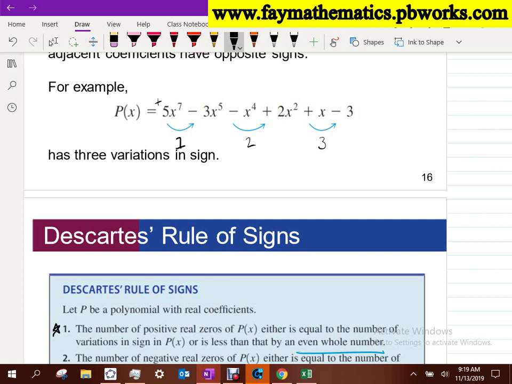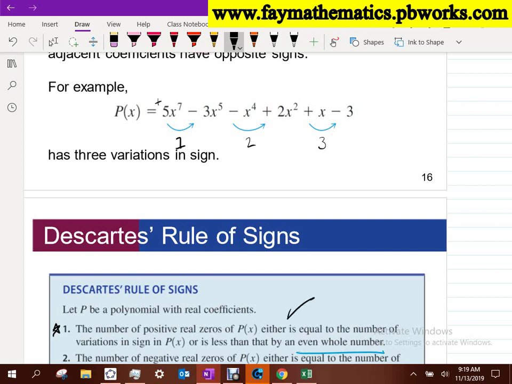Okay, and I think that phrase, less than that by an even whole number, is kind of cumbersome. Let's talk about what it means, though. What's the first even number that I can subtract something from? If I'm counting, what's the first even number? 2, right? So this says that we have 3 sign changes.